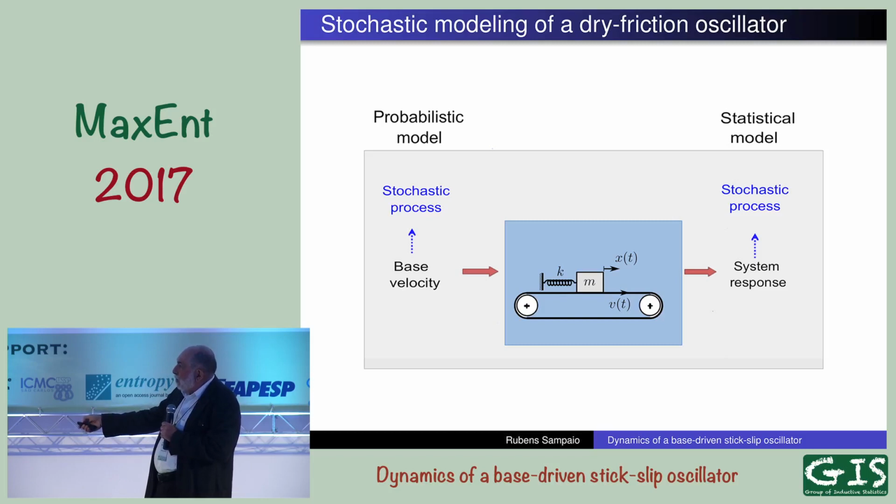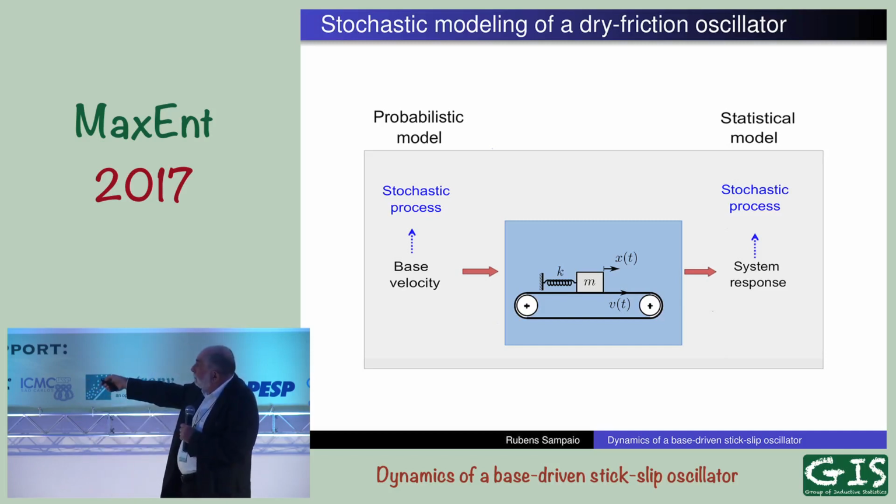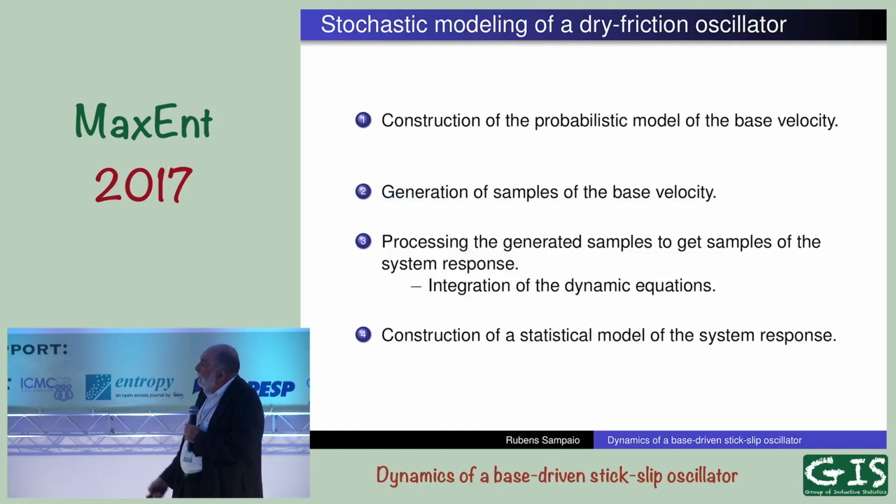And I solve the dynamic problem of the mass, and I get a system response. From the system response, I can sample, and I get a statistical model. And what I'm going to discuss with you is these two things here.